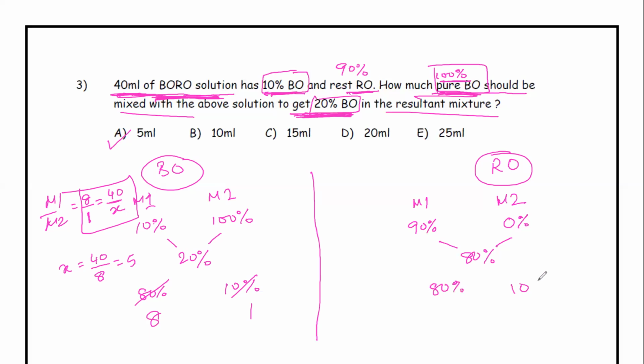Remember that, 80% and 10%. And you get again 8 is to 1, the ratio of mixture 1 to mixture 2. It doesn't matter whether you take Bo or Rho, you'll get the same answer. Mixture 1 is 40 ml and this is x ml. And again you get x is equal to 5. Understood?